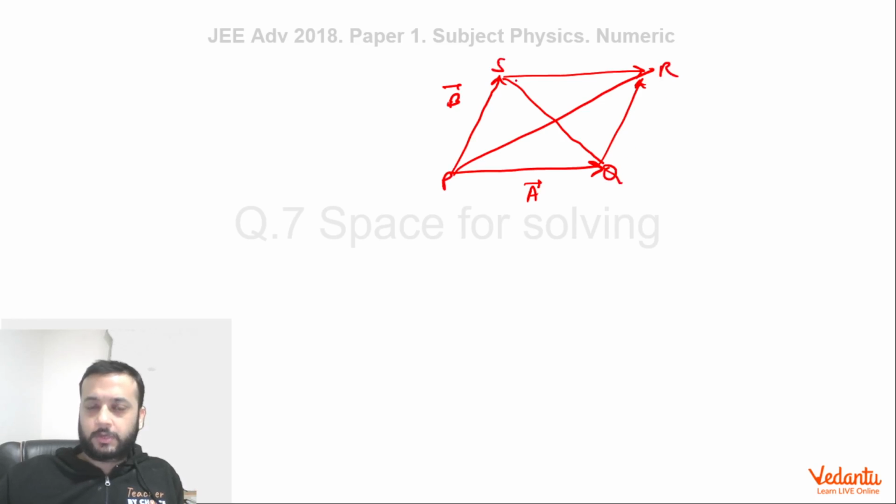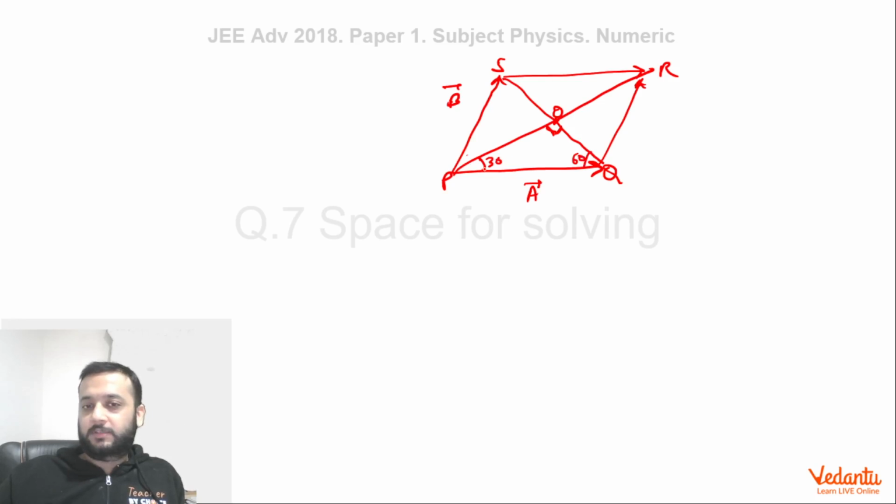Let's call it PQRS. According to the given condition, PR is root 3 times SQ. If we call this point O, it means PO is root 3 times OQ, right? Now this angle is 90 degrees because the diagonals of a rhombus bisect at 90, and this is root 3 times OQ, which straight away means that this angle must be 30 degrees, because this will be 60, right?